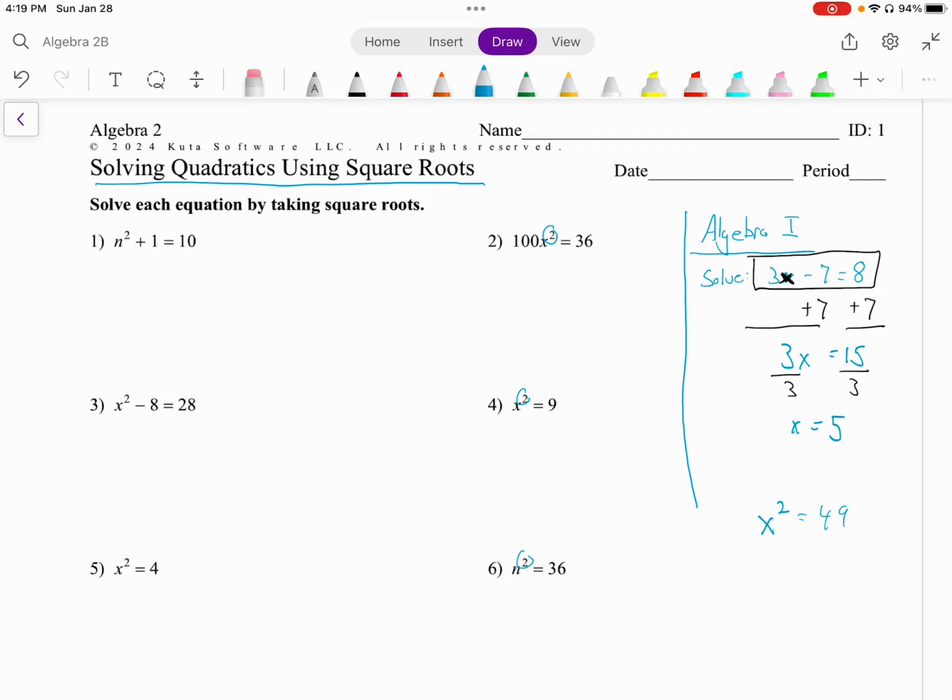In our minds, we can think what squared equals 49, and we know 7 squared equals 49. However, negative 7 times negative 7 also equals 49. So when we take the square root of both sides, which we're allowed to do, we put a plus or minus outside of our square root, on the part that does not have the variable, and we get x equals plus or minus the square root of 49, which is 7. That means 7 is an answer and negative 7 is an answer. The way that we read this is plus or minus.